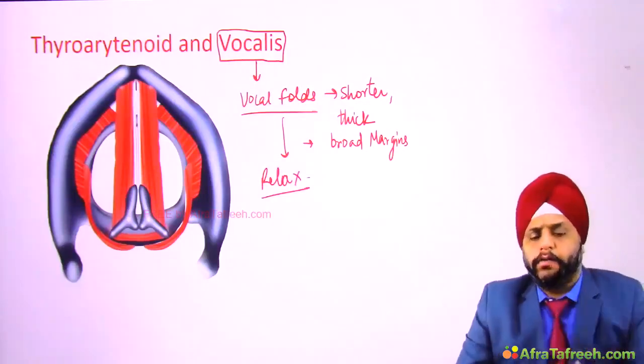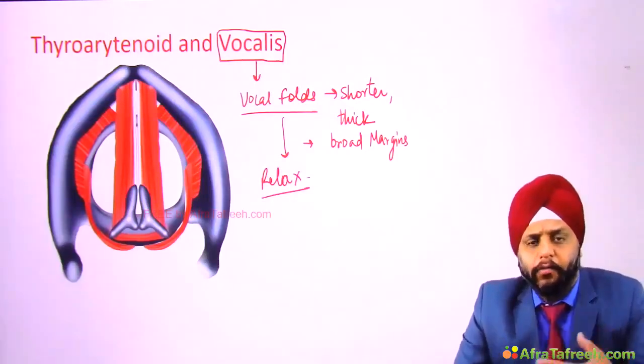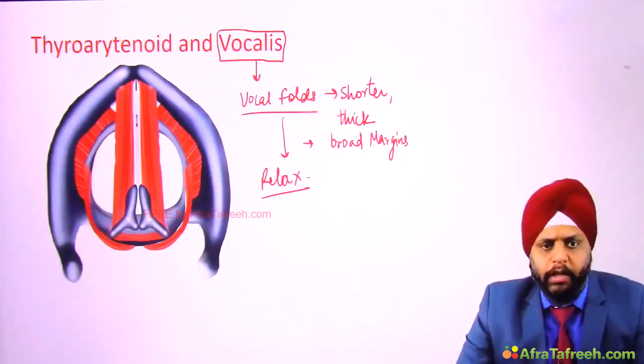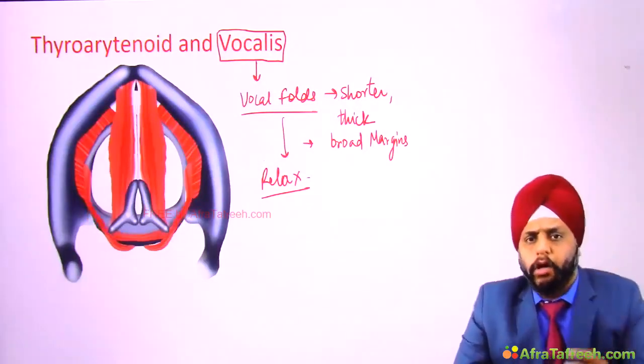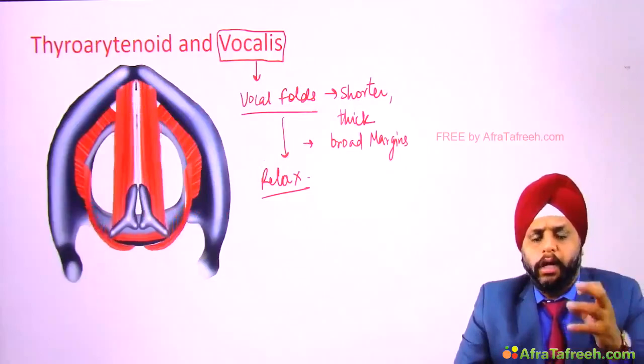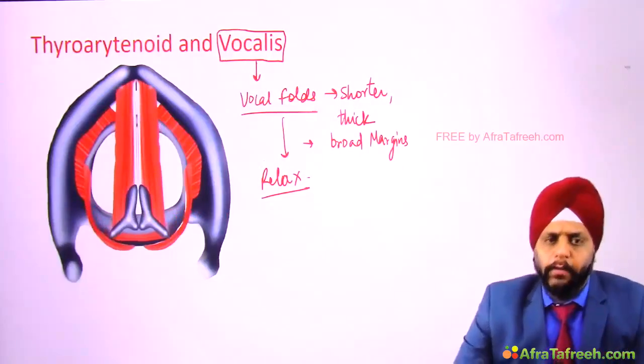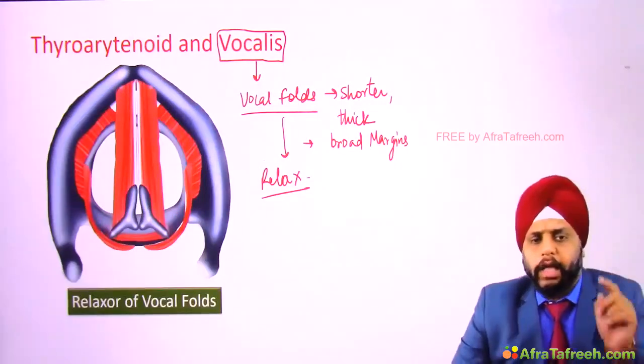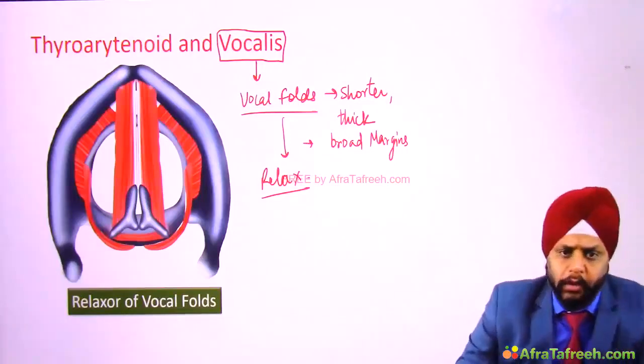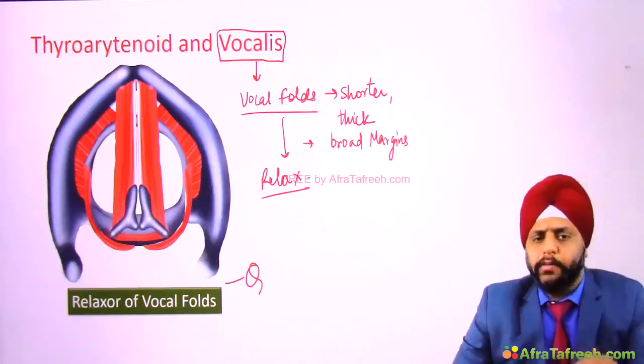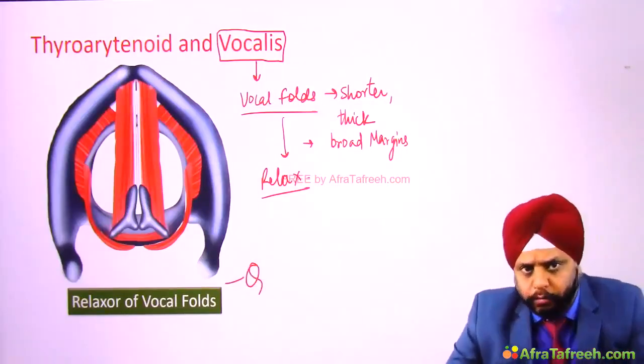The vocalis muscle relaxes the vocal folds. So they not only become thick and short, the margins become broad and they relax. So remember, vocalis is the relaxer of vocal folds. This question is asked: vocalis muscle is the relaxer of vocal folds.